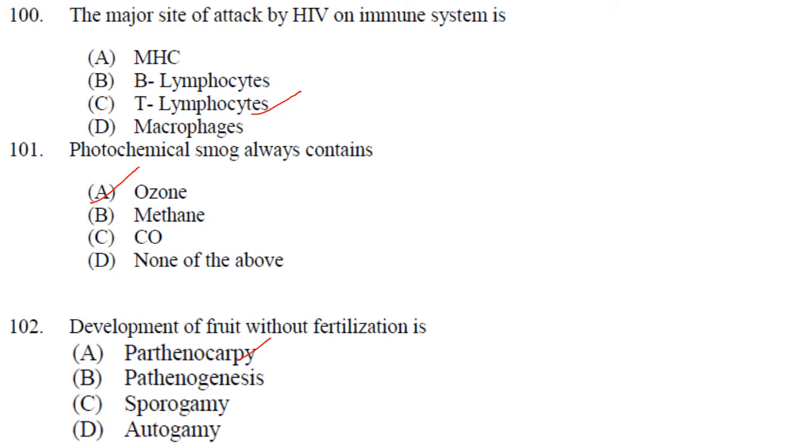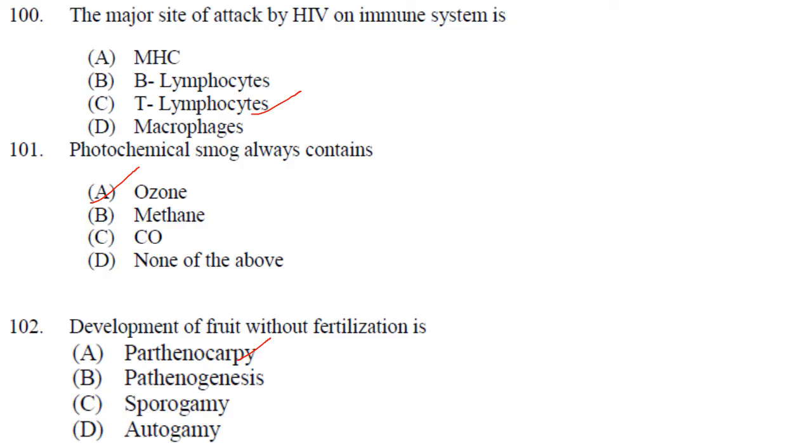Then development of fruit without fertilization. That is parthenocarpy. Answer is option A. Parthenogenesis is the spontaneous development of an embryo from an unfertilized egg cell. It is not the case of fruit.